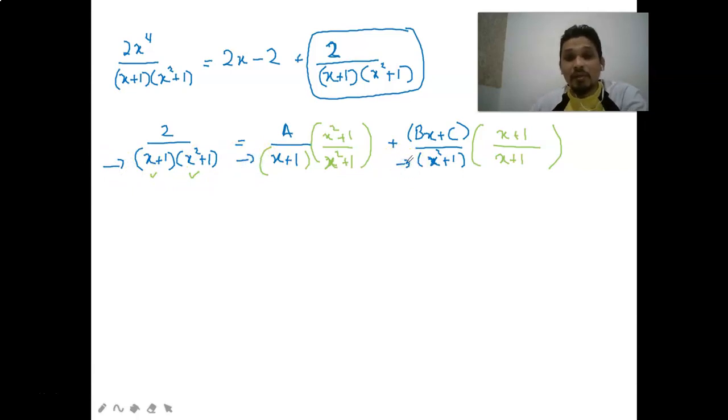We have successfully equalized the denominator of both of the fractions, and we compare with the question here. So now we are going to compare the numerator, which is 2.